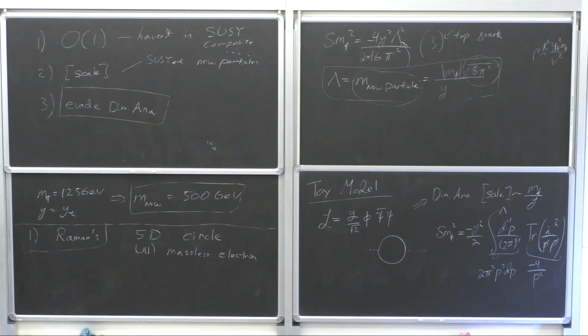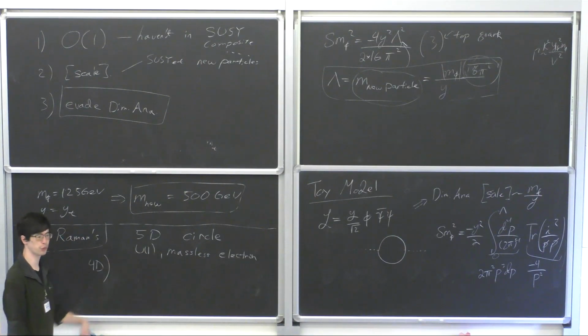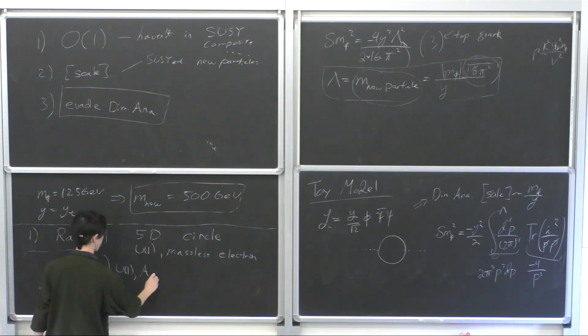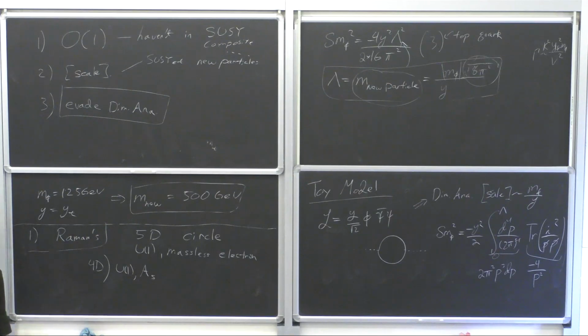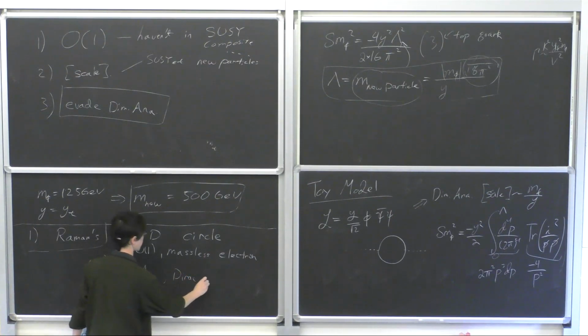Okay. If you look from the 4D perspective, you have a U1 gauge field. You have the 5th part of the U1 gauge field, and then you have a Dirac electron. So you have an electron.